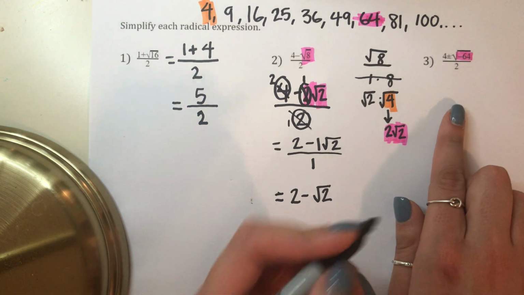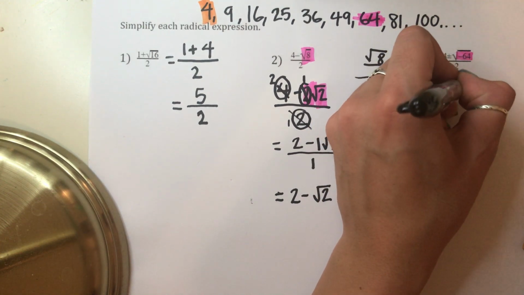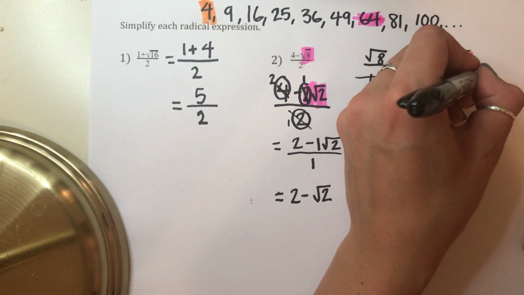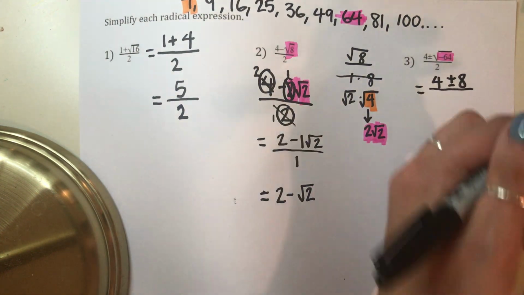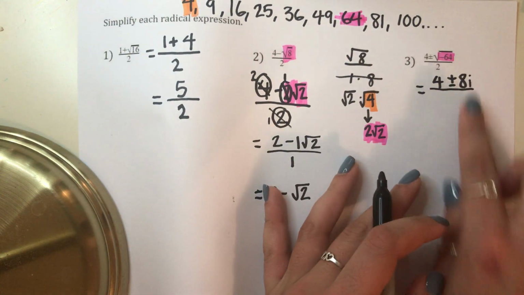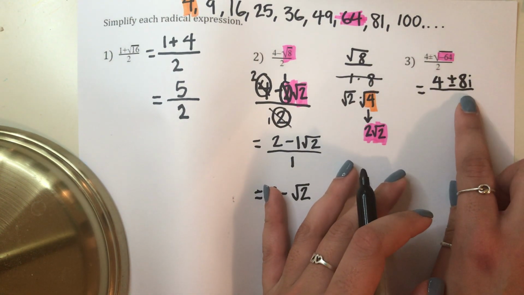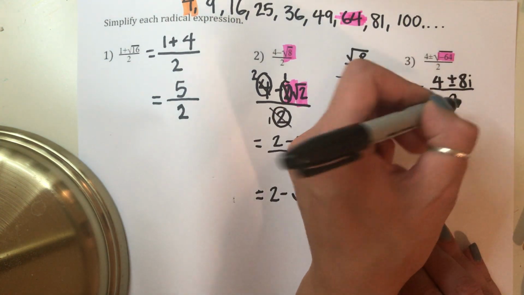So what I'm going to do is, when I rewrite the expression, I'm going to place an i next to my 8 because the square root of a negative number is imaginary, okay? All over 2.